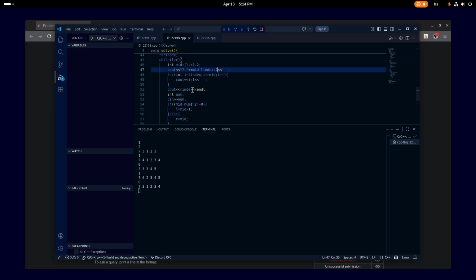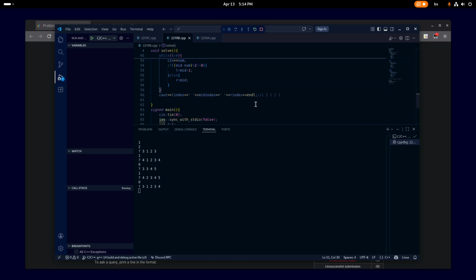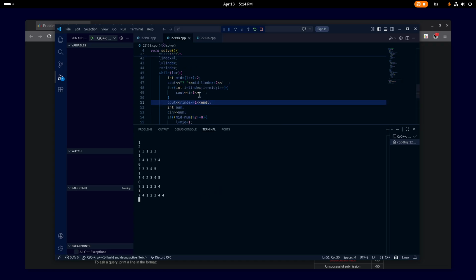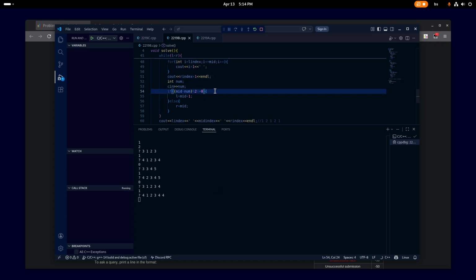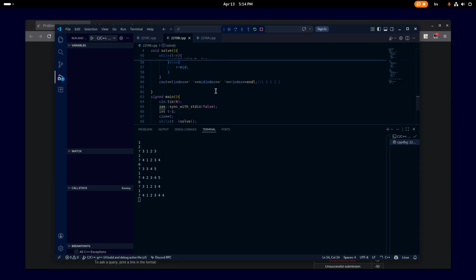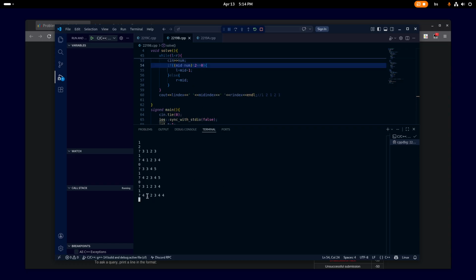Yeah, okay. I need a right index +1. Okay. Yeah, that is 1, right? Okay, so yeah, I think that should do the trick. Yeah, maybe.